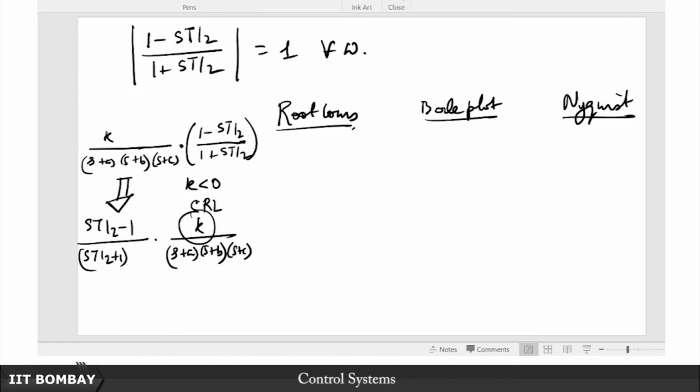So if we want to vary this K over positive range of values, then once we have swapped the sign of this non-minimum phase zero, we better look at the complementary root locus. It will also give us a bit of good practice and refresh our memory.